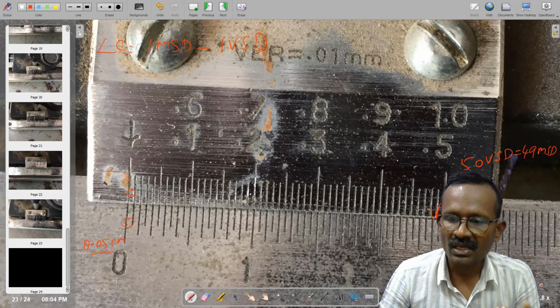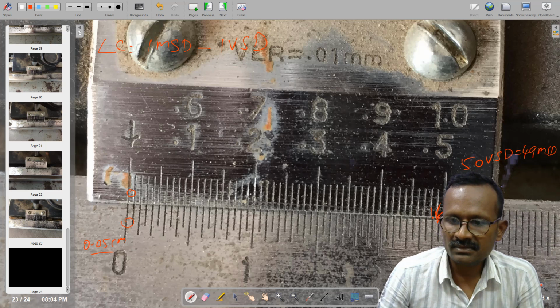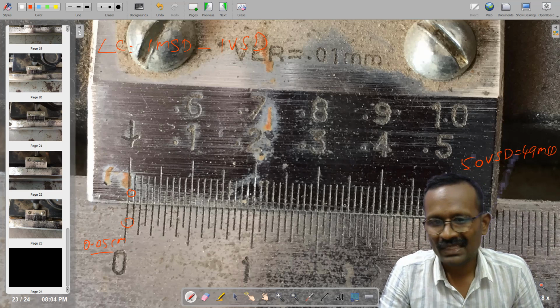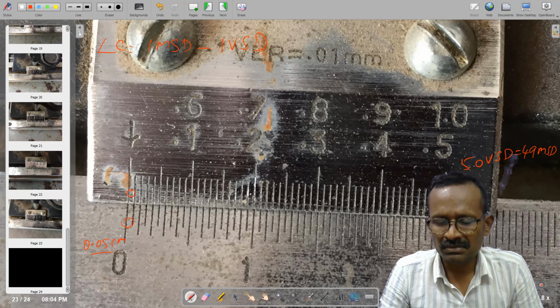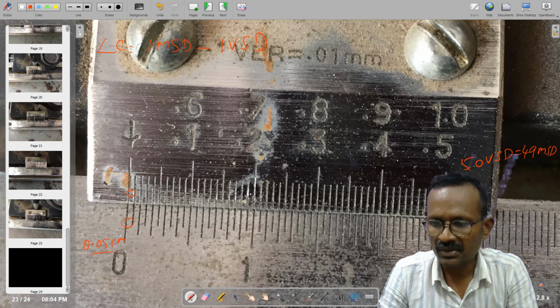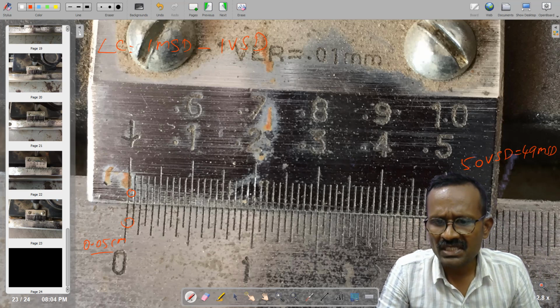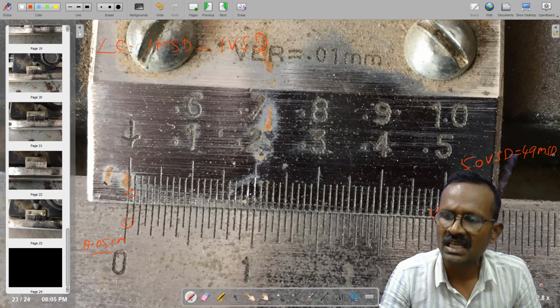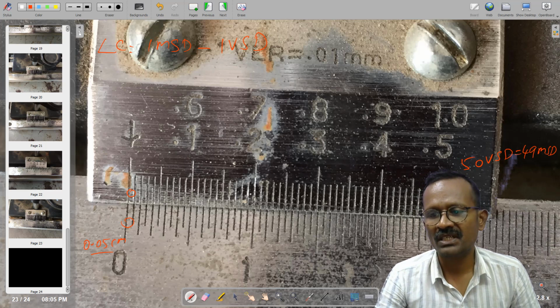Actually, this is the picture taken in the laboratory, but we find this type of instrumental mistakes. So 50 vernier scale divisions are equal to 49 main scale divisions.